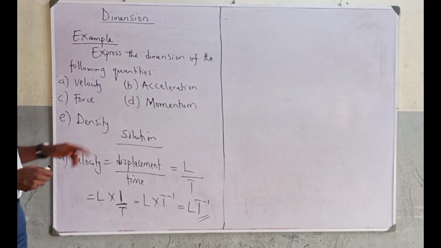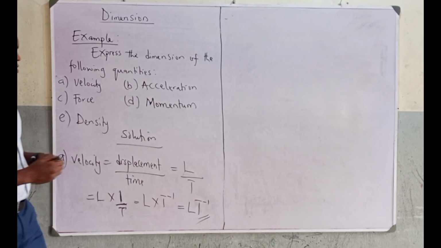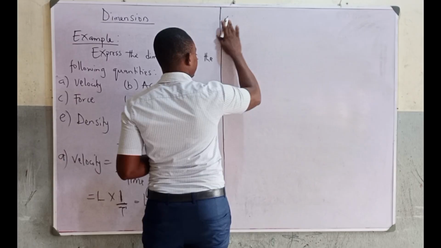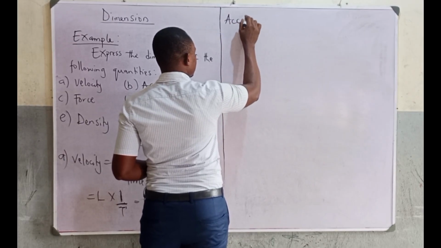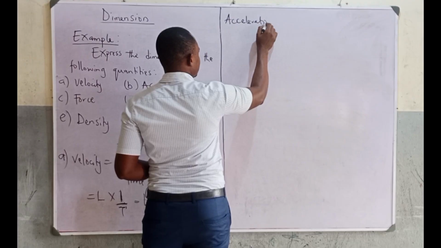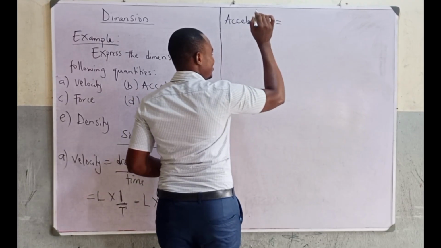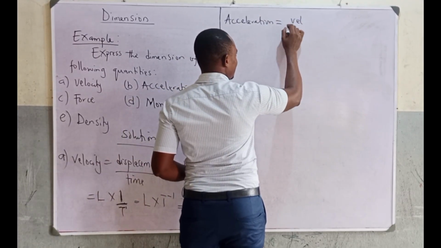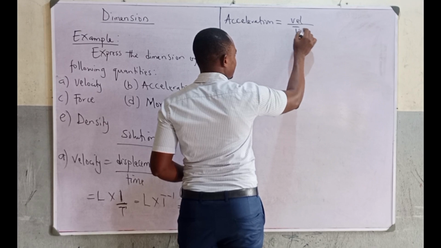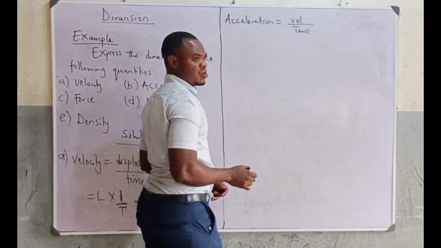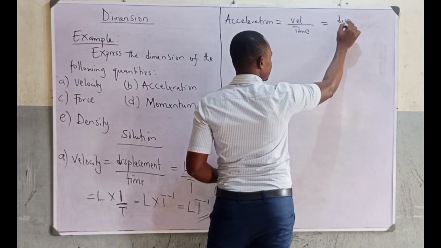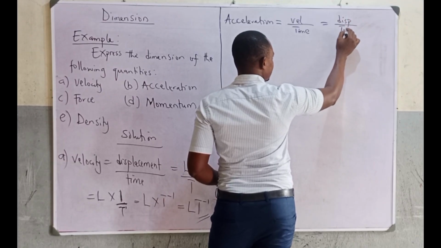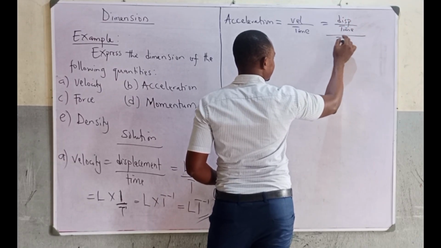Very easy. We take B, acceleration. Acceleration equals velocity over time. But velocity is displacement over time, all over time.